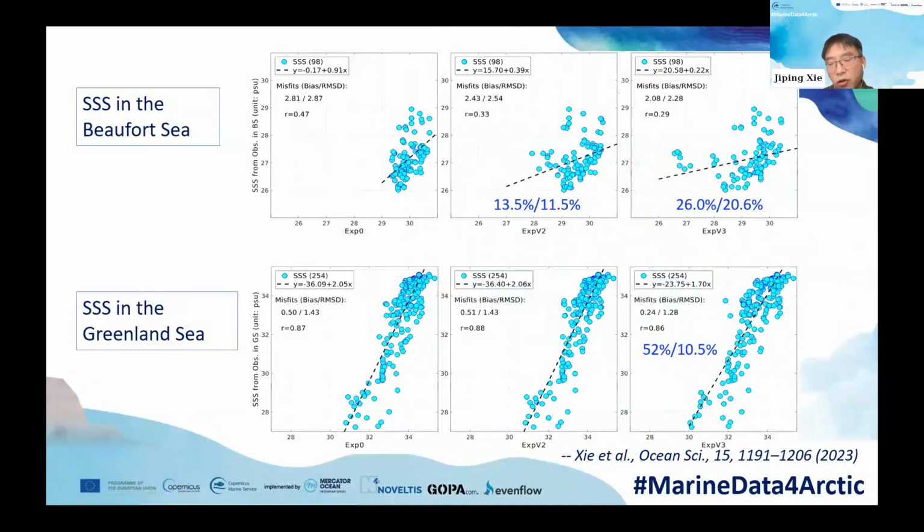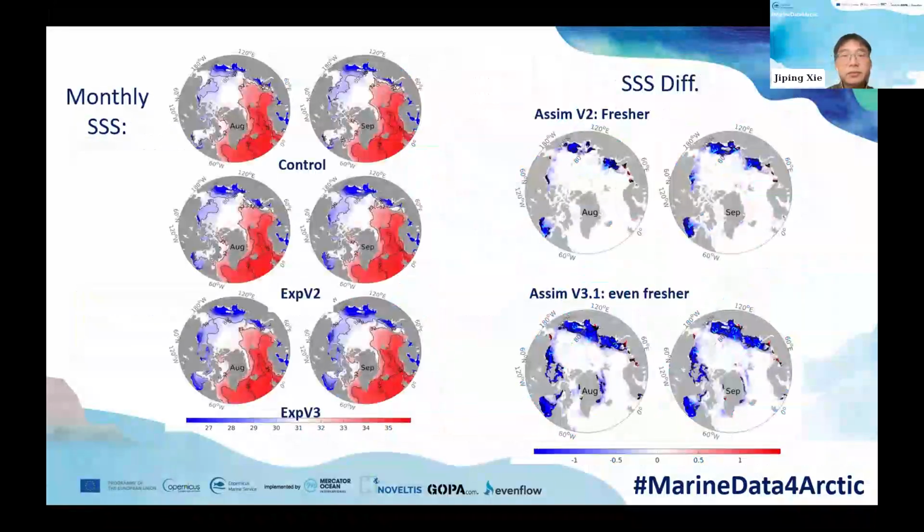On average, we can see the benefit: root mean square error can be reduced by 10 to 20%. Even for the monthly surface salinity in August and September, focusing on the right panels, we can show the difference compared to the control run.